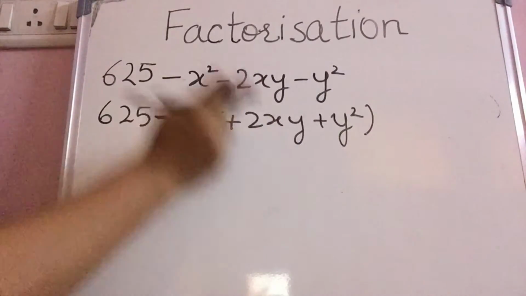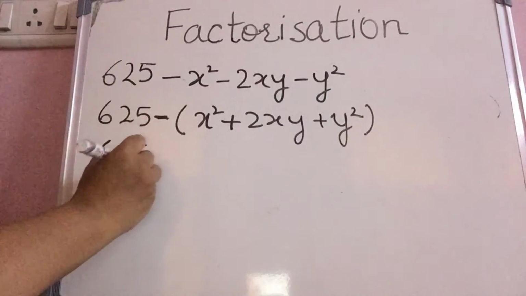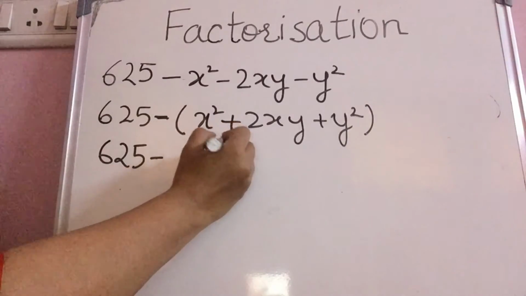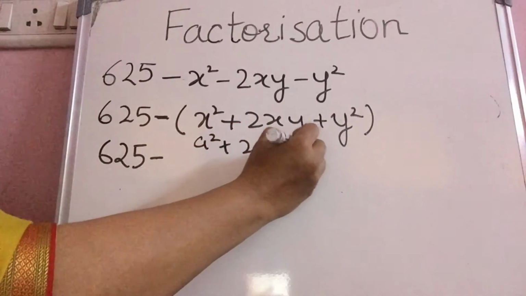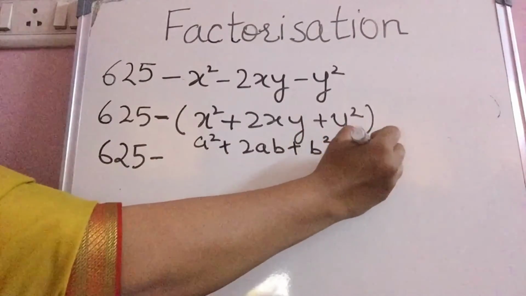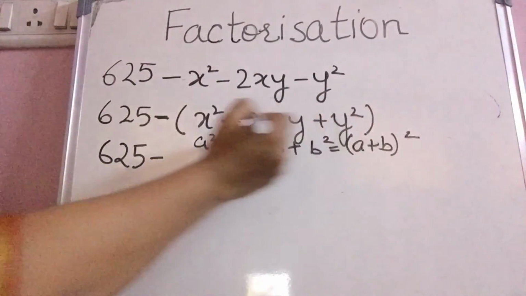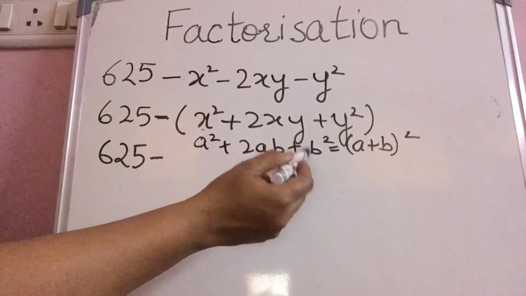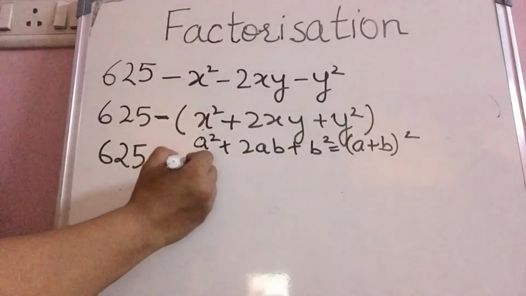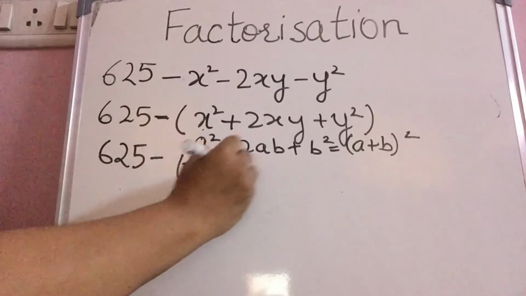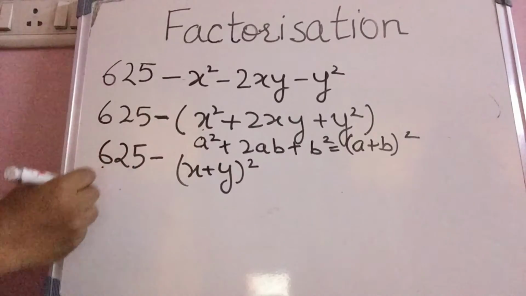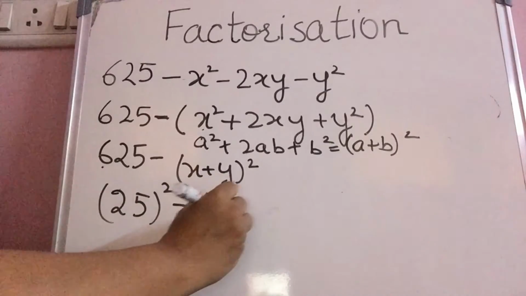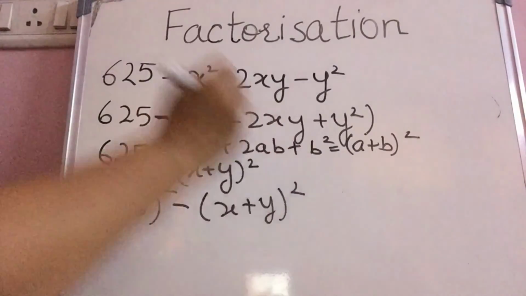We are using identity in this video. 625 minus, this we will use a square plus 2ab plus b square, which is equal to (a plus b) whole square. If we compare, in place of a we have x and in place of b we have y. We can straightly write (x plus y) whole square. 625 is the square of 25. We can write (25) whole square minus (x plus y) whole square.